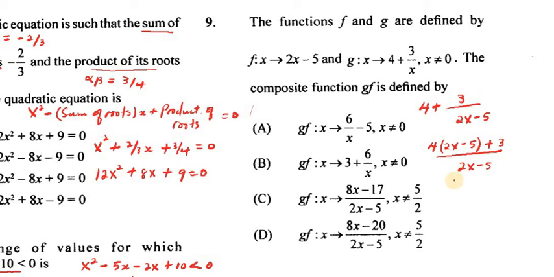Simplifying further, we'll get 8x minus 20 plus 3 divided by 2x minus 5. 8x subtract 17 over 2x minus 5 is equal to gf of x. So answer choice C.